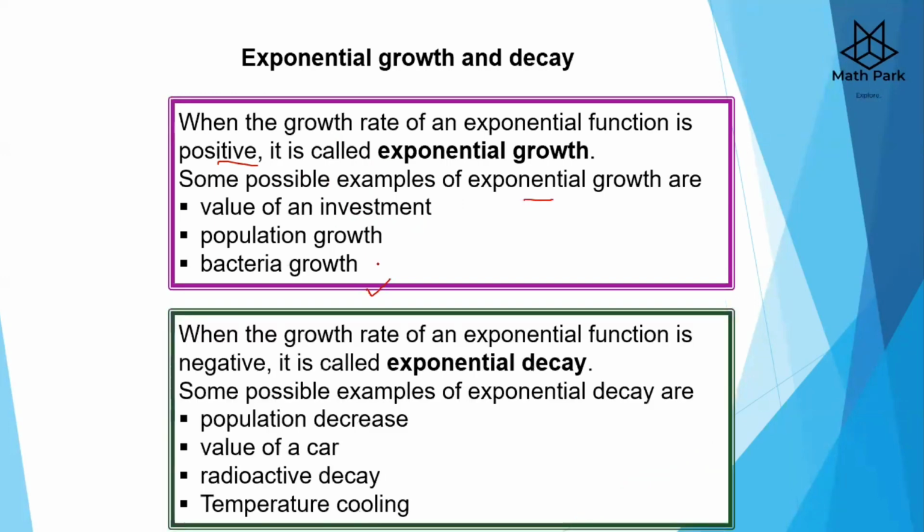What is exponential decay? When the growth rate of an exponential function is negative, it is called exponential decay. Some possible examples are population decrease, the value of a car depreciating, radioactive decay, and temperature cooling. These are examples of exponential decay.